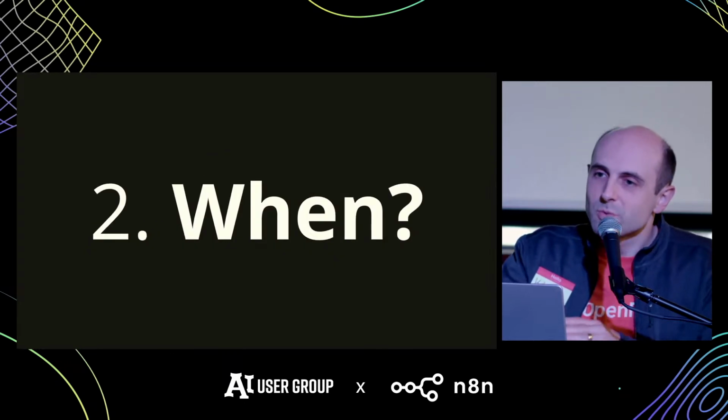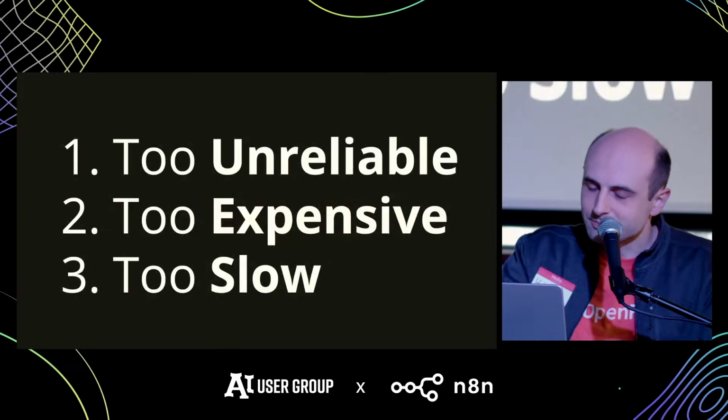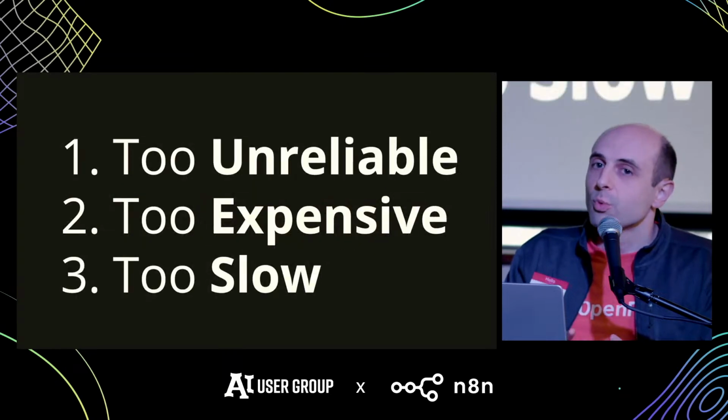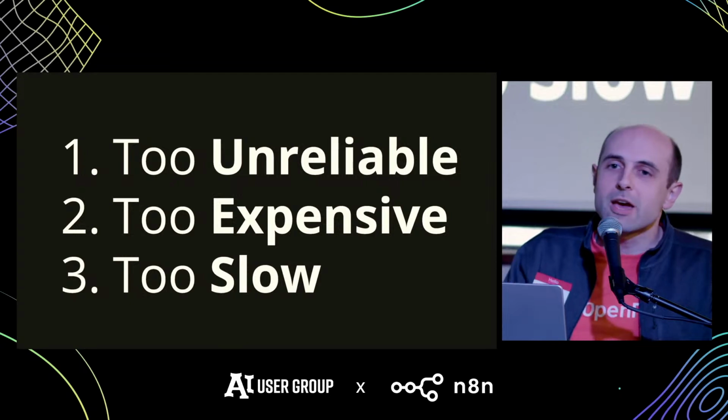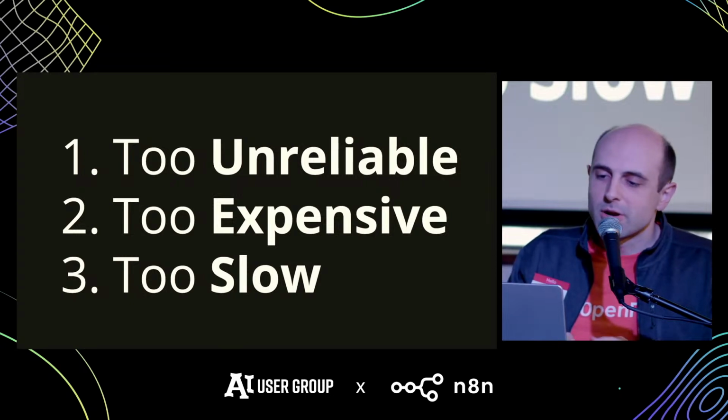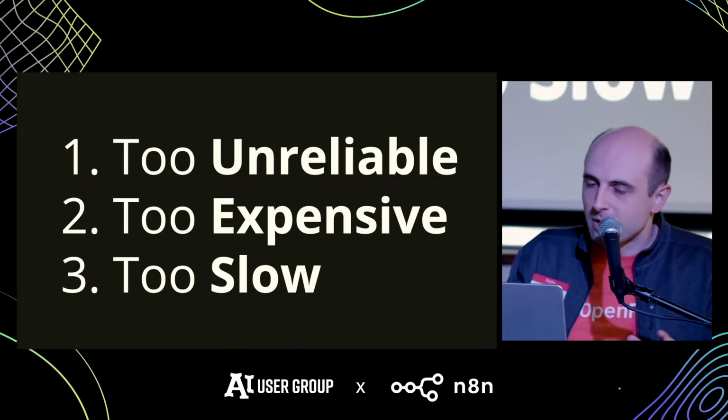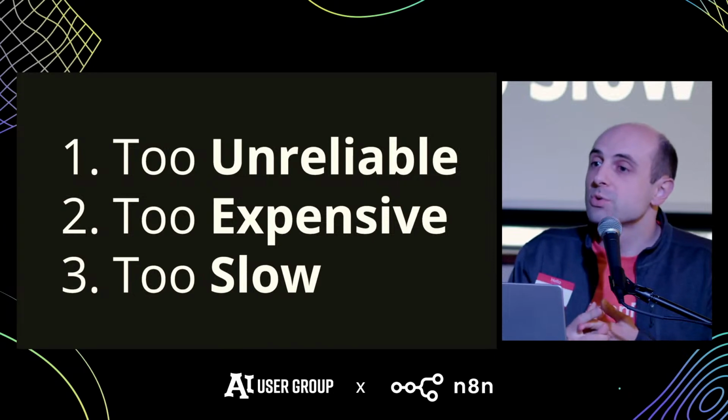When does it make sense? When should you invest the time in doing this? The answer is when your prompted workflow runs into one of three barriers that you cannot fix with prompting. Those three barriers, in rough order of how commonly we see them, are, first, if it's too unreliable.